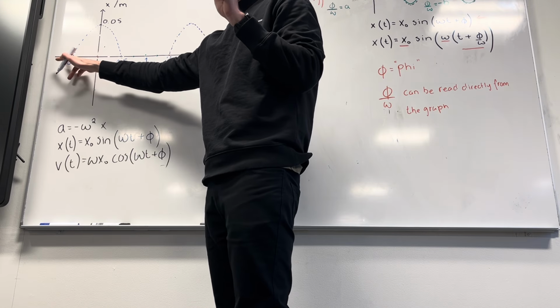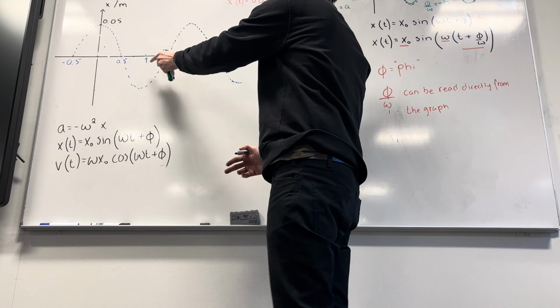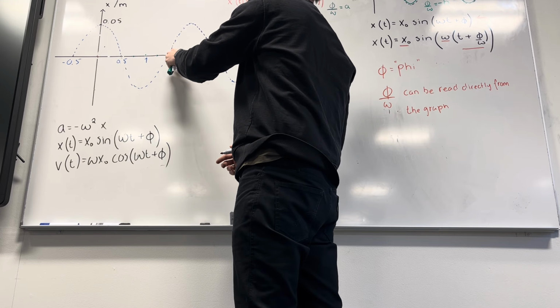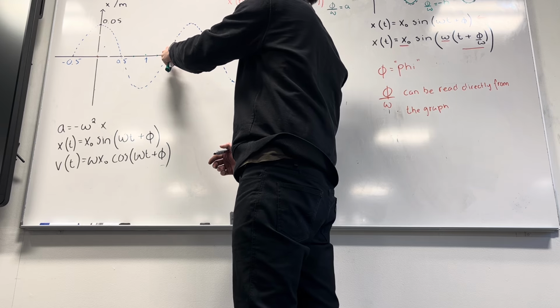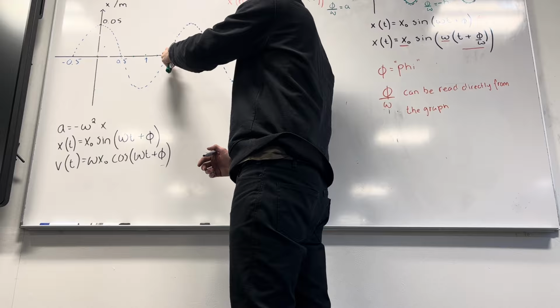I accept this point here. I start off here, but from here on, I can now think, okay, I want to put time equals 0 to that point here. So if I want to make 1.5 seconds, 0 seconds, I have to subtract 1.5 seconds.